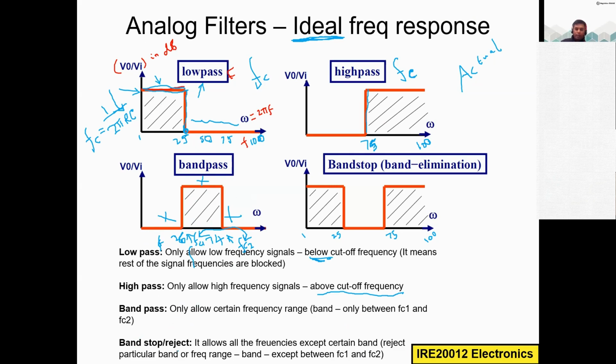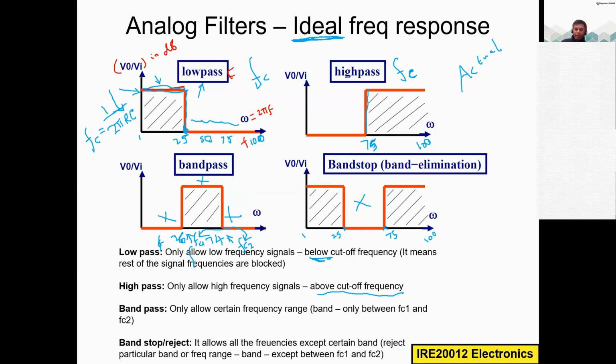And for the band stop filter, here also you can see we need two cutoff frequencies that we will calculate for this band stop filter design. It allows all the frequencies except a certain band. Except this band, it passes all the frequencies at the output. So it rejects a particular band or frequency range.